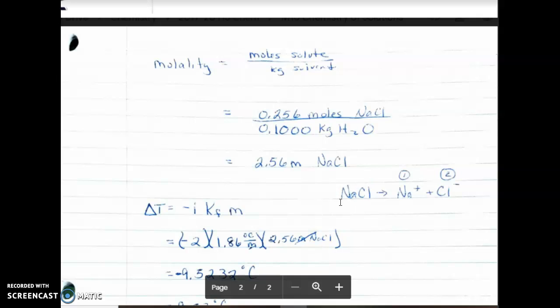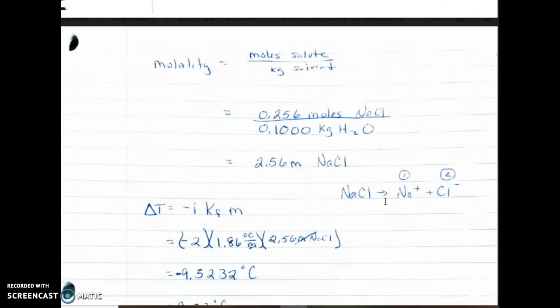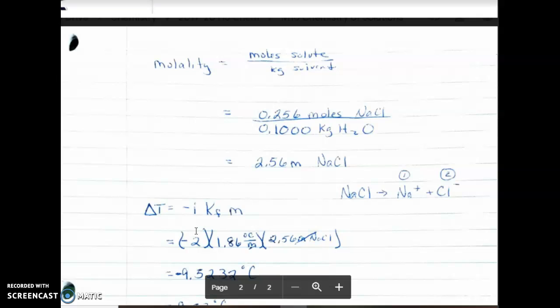Well, when I dissolve sodium and chloride in water, remember that it splits into 2 ions, sodium and chloride. And so my I value will be 2 because there are 2 substances, 2 ions that need to be surrounded by a water molecule. And so now I simply plug in those numbers.